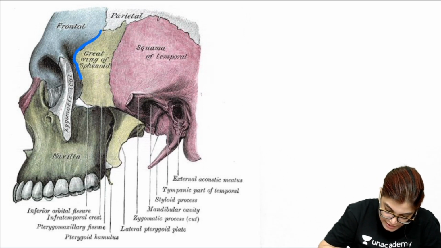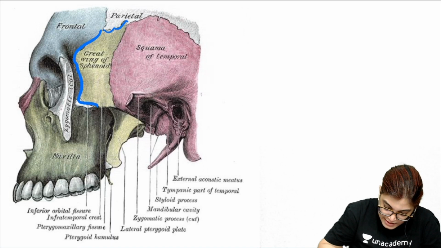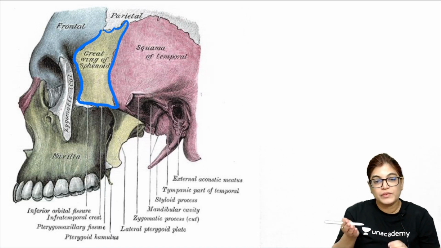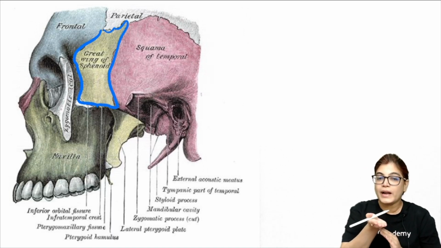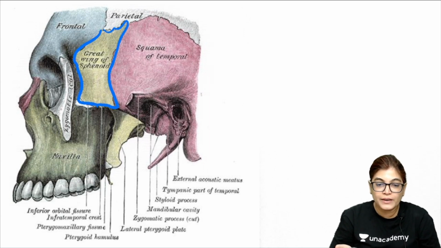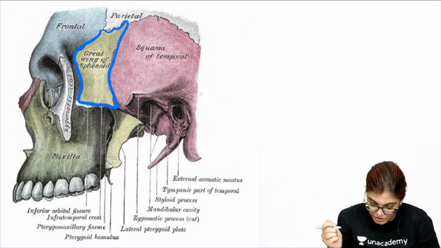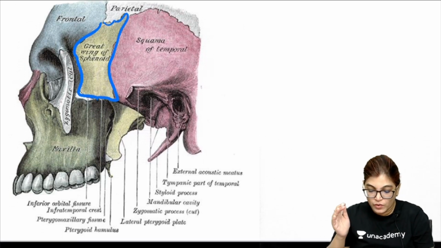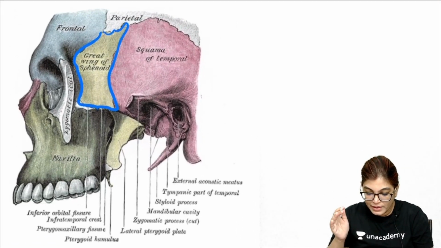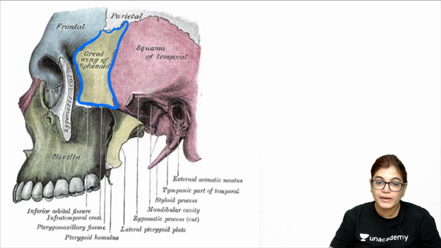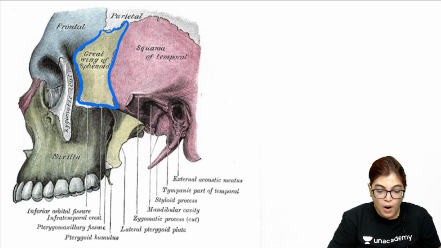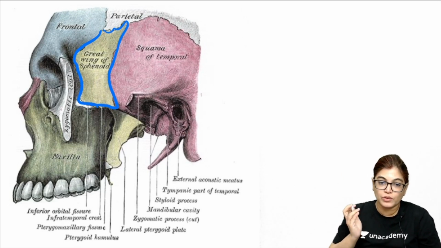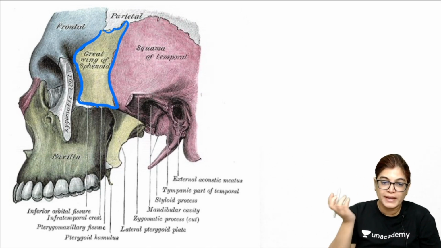Can you see here, this part is the greater wing of sphenoid, lying on the superior aspect. The lower aspect of the greater wing of sphenoid is called the infratemporal surface. So the infratemporal surface of the greater wing of sphenoid is forming the roof of the infratemporal fossa. It is lying superiorly.